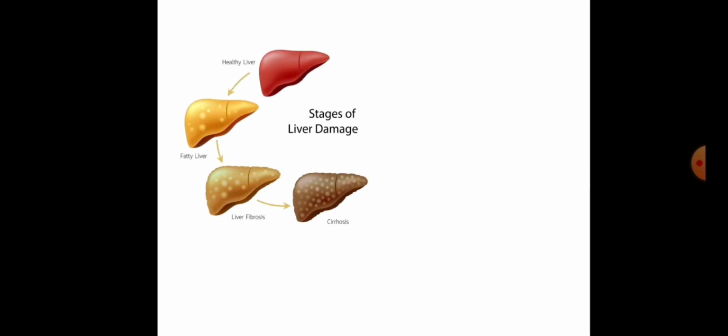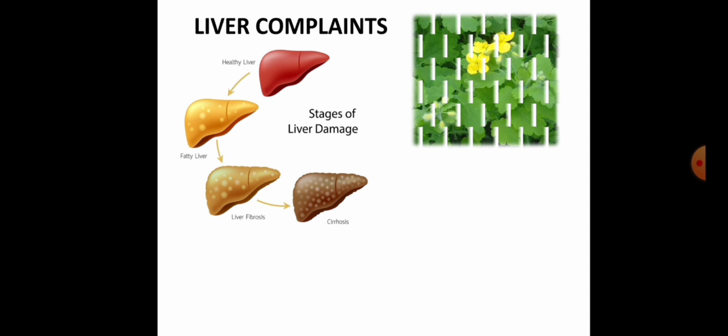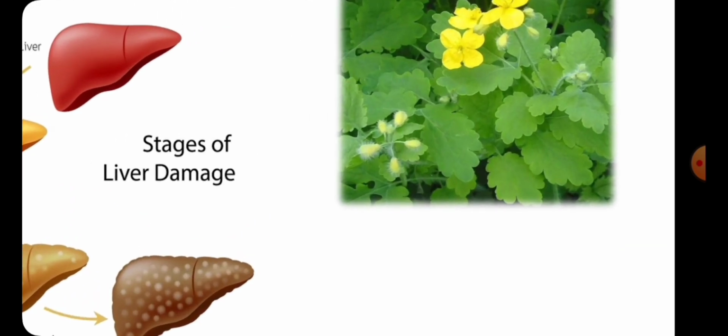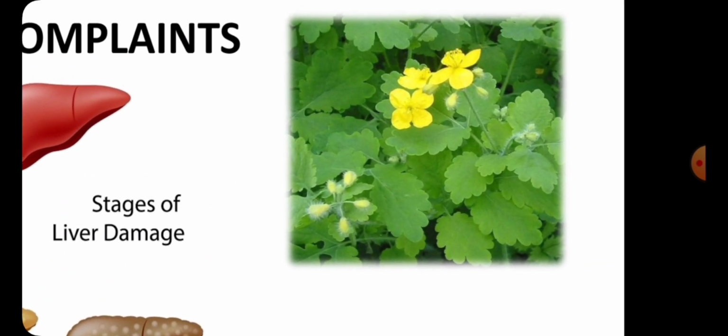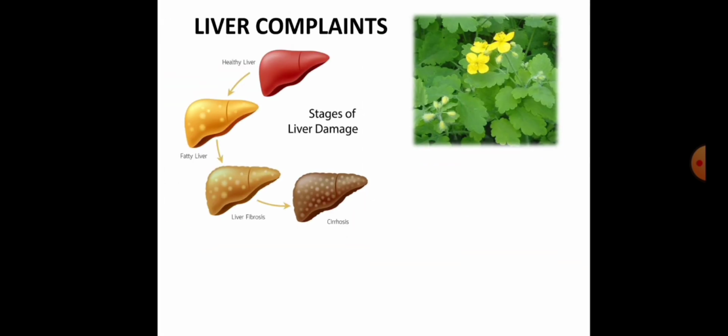With the picture you can say that we are speaking about liver damage. So for any liver complaints, what are the homeopathic mother tinctures we can use? This plant you must have seen, at the roadside and all, it will be grown. This is called Chelidonium.